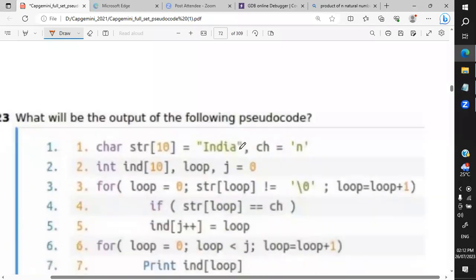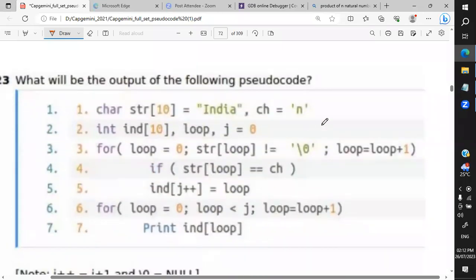Going for the next one. Please try this. See this question, everyone, and please try that.